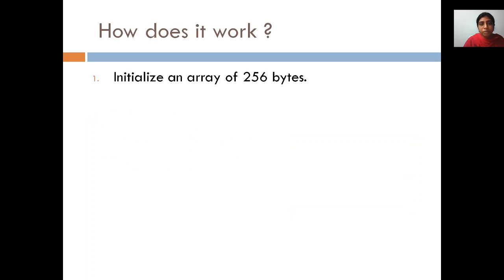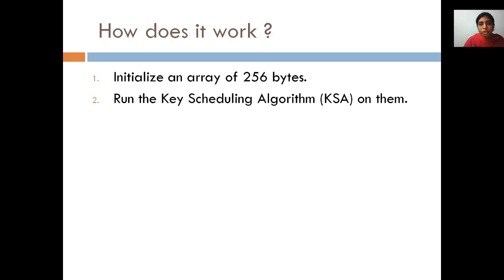Initially we are going to take 256 bytes of data. Like in AES, where we represent them in the form of a 16 by 16 matrix, we are going to take the values.